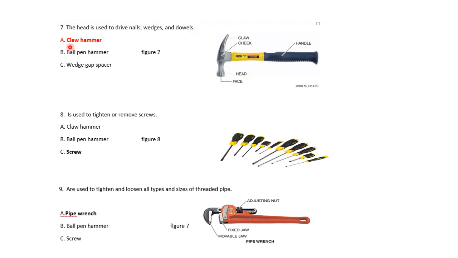Answer will be claw hammer. This is a claw hammer. Used to tighten and remove screws, that is called a screwdriver. Used to tighten and loosen all types and sizes of threaded pipe, that is called a pipe wrench. You know the pipe wrench.